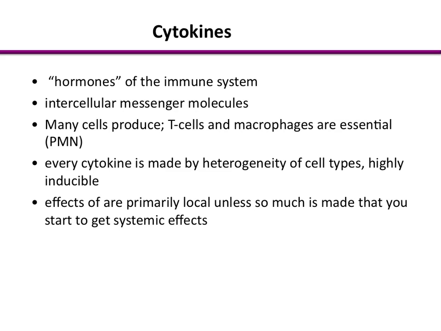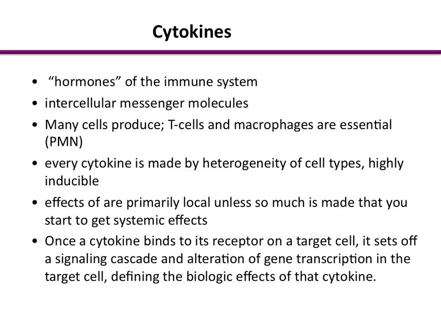The effects are primarily local, unless so much is made that you start to get systemic effects like in sepsis. Once a cytokine binds to its receptor on a target cell, it sets off a signaling cascade and alteration of gene transcription in the target cell, defining the biological effects of that cytokine.